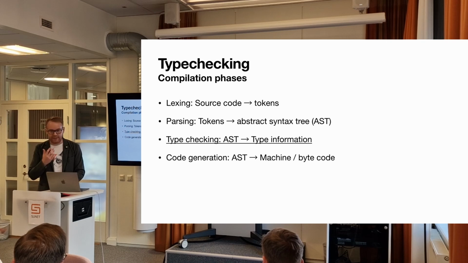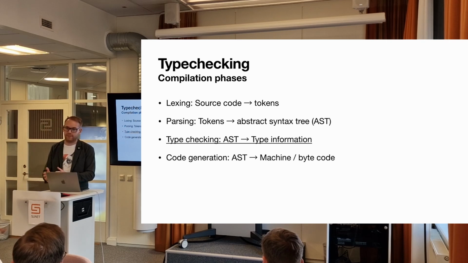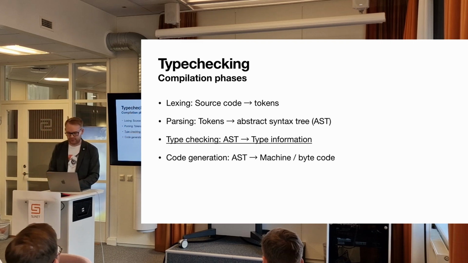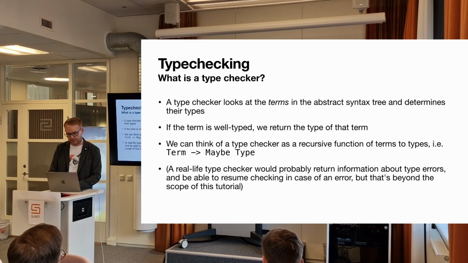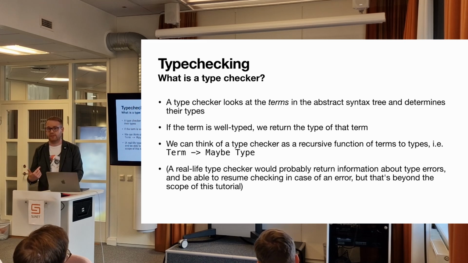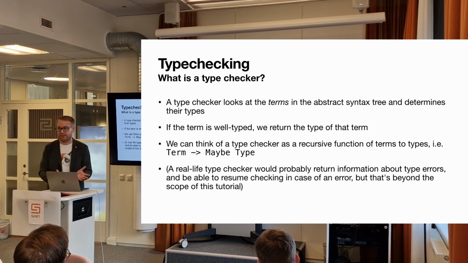But bear in mind that our input will basically be the abstract syntax tree, and the output will be type information. So to repeat what I said before, the type checker takes terms that come in from the abstract syntax tree and translates them to types.